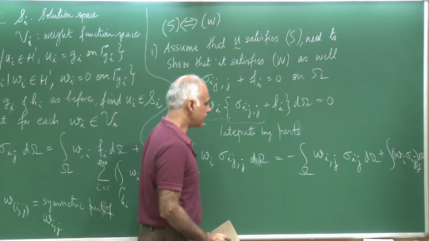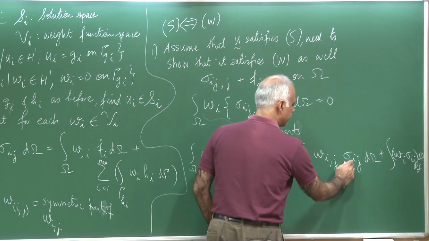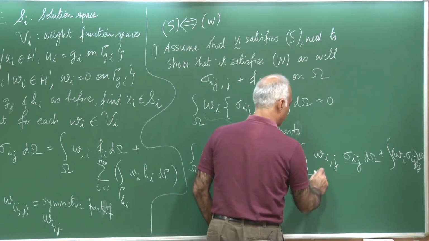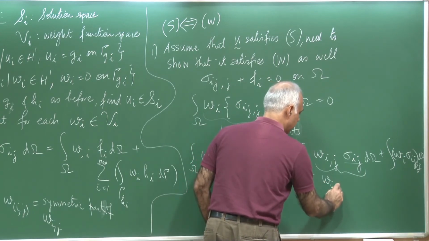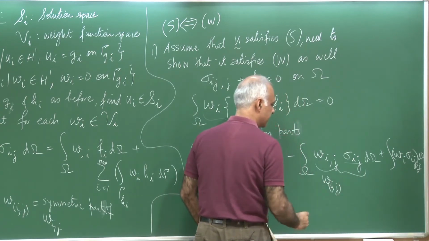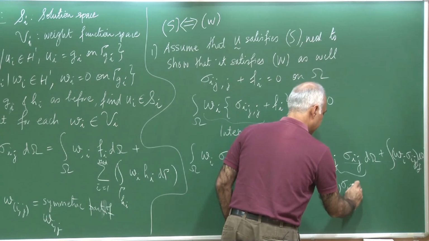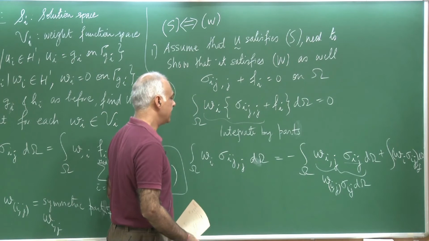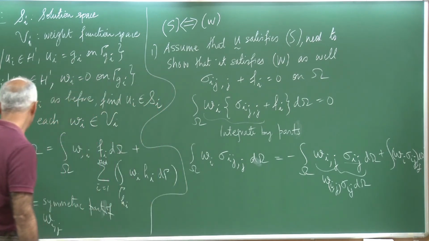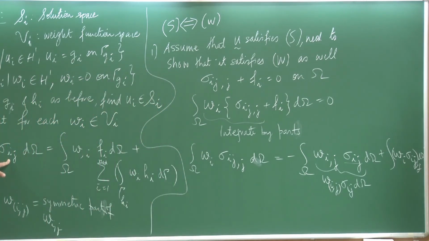Now, we know sigma is symmetric. Therefore, this product I should be able to write as W i,j, taking only the symmetric part, times sigma ij d omega. This part is kind of straightforward, and you can already see it is appearing in the weak form. So that's fairly straightforward.